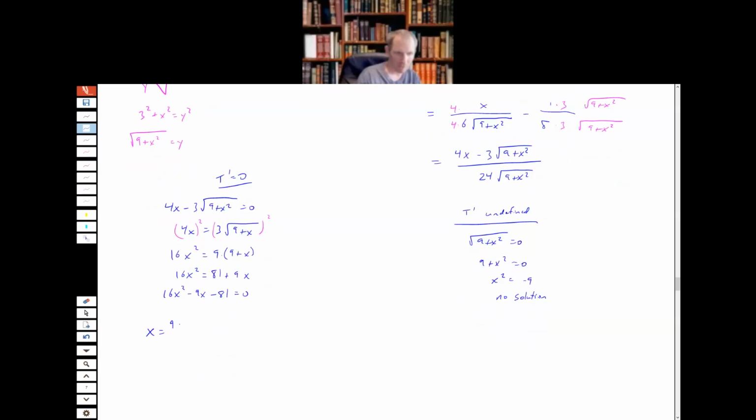So x equals the opposite of negative 9, plus or minus the square root of negative 9 squared, minus 4 times 16 times negative 81, all over 2 times 16. And I'm going to run this through my calculator really quickly and just write down the decimal approximation.